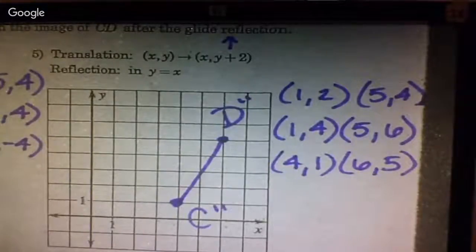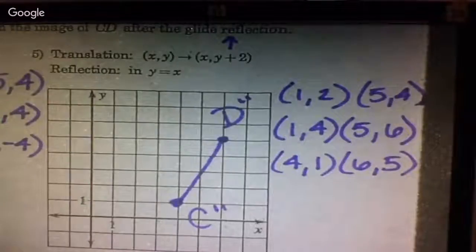So remember, it has to be equal distance to that line. So if I start at C and I travel straight to my line, I go 1 full diagonal space and a half. So I need to continue on that same amount. So here's my half, here's my whole, which puts me here.